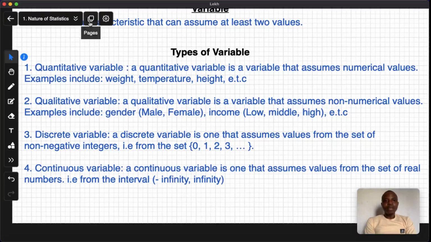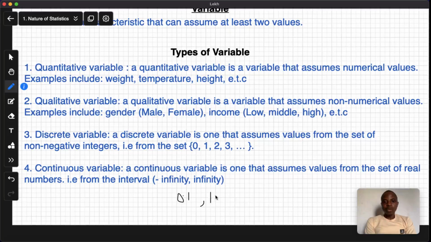It can take values not just like the 0, 1, 2, 3 that we have here, but values like 0.1, 1.2, 1.3, and in some cases it may even take negative values, like minus 1.3 or minus 2.